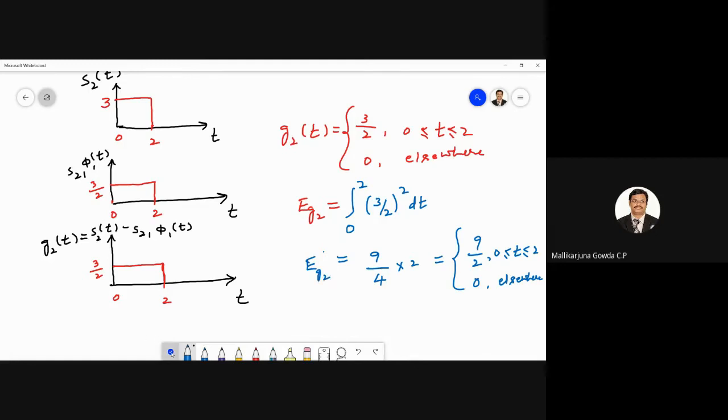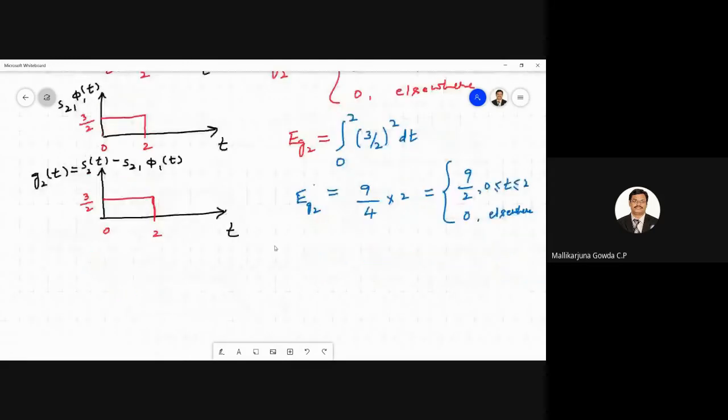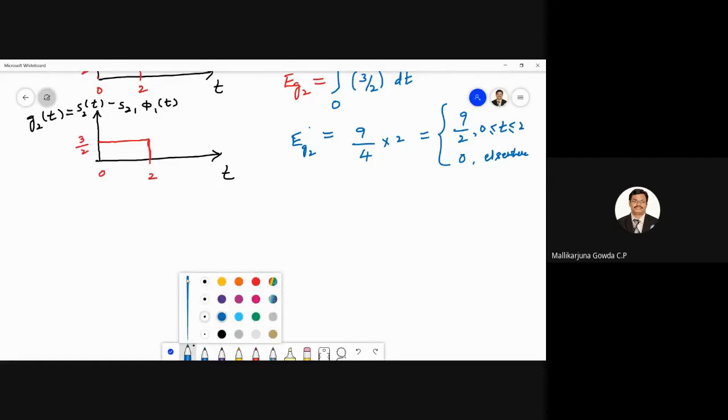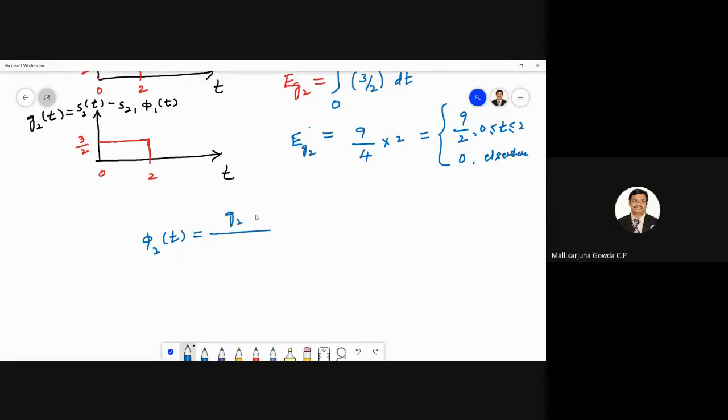So after finding the energy, then I can find out now what is phi 2 of t. Hope people have noted. I said phi 2 of t will be equal to G2 of t into 1 by square root of Eg2.